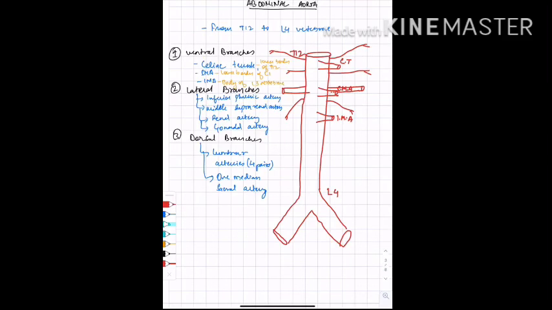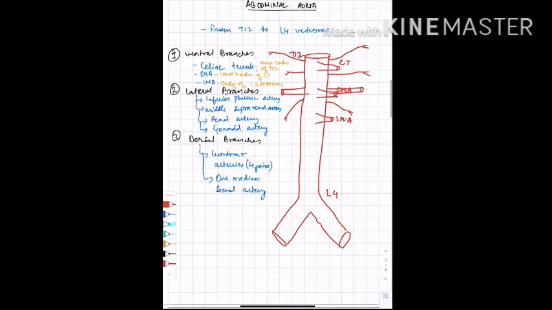Don't get confused, okay? Because SMA and renal artery are at the same level, that is why I have drawn them at the same level. Don't get confused, because I have marked SMA here. So renal artery, I'll mark it on the other side. This is the gonadal artery, I'll mark it in some different color. So gonadal arteries.